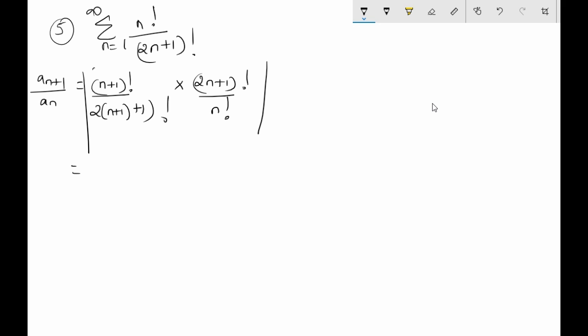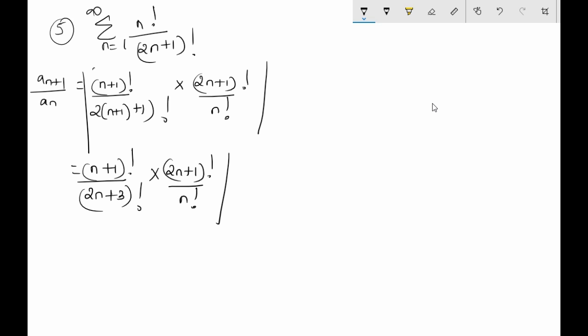So here we'll be getting (n+1) factorial by (2n+3) factorial into (2n+1) factorial divided by n factorial.